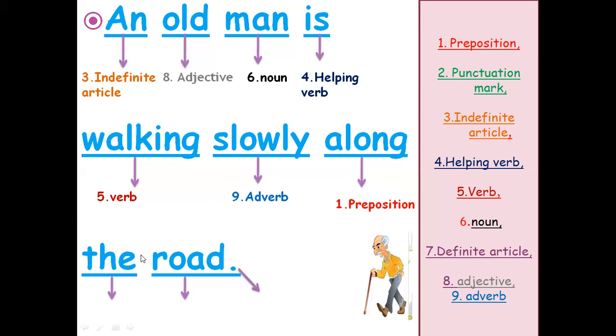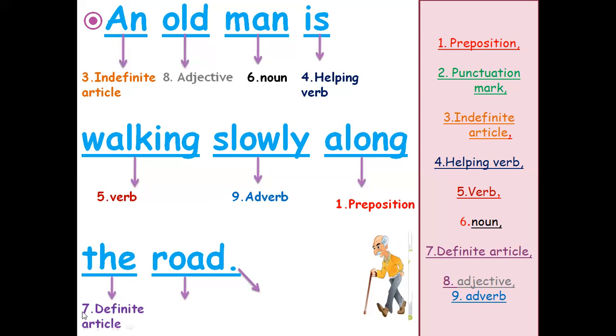Can you guess what is this? The is the definite article. I told you earlier there are only 3 articles. Those are a, an, and the. So the is the definite article. A and an are indefinite articles.